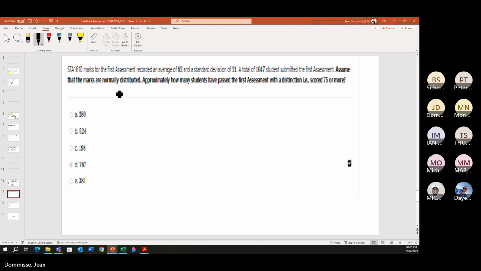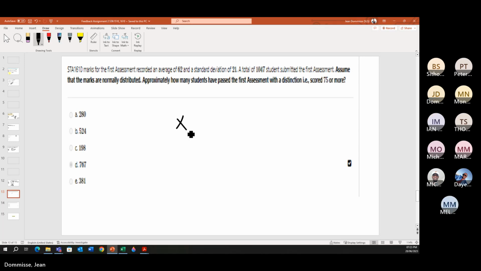Okay, so here is something like we also did in study unit 6. So marks for assignment, first assessment, recorded an average of 62, standard deviation of 21.